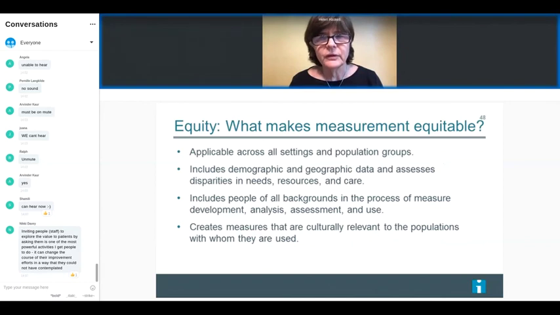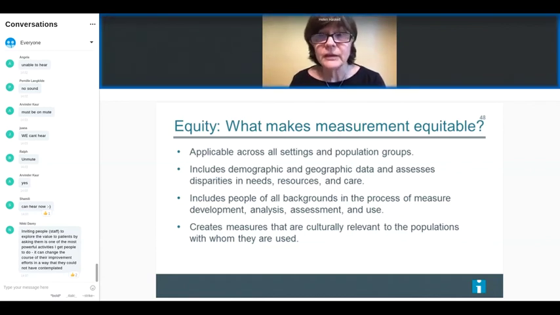Equity is a critical aspect of patient-centered measurement, because it really is about making sure that the needs of individual patients and patient populations are met. But what makes measurement equitable? Ideally, measures are developed to apply across all settings and population groups, and at the same time to record demographic and geographic data in a way that reflects disparities in needs, resources, and care.